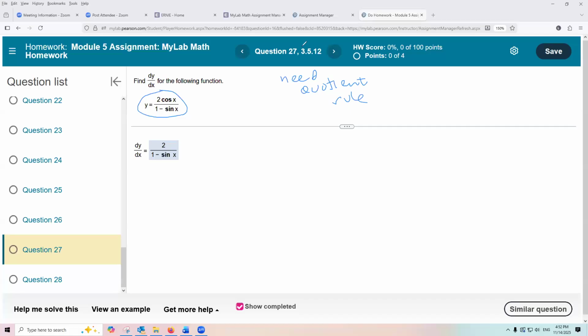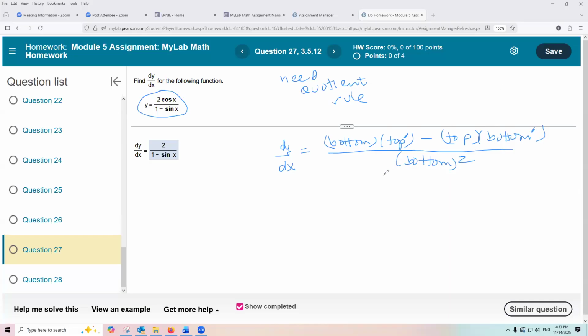Let me write the quotient rule the same way I wrote it a minute ago. To find dy dx, we're going to take the bottom times the derivative of the top minus the top times the derivative of the bottom all over the bottom squared.